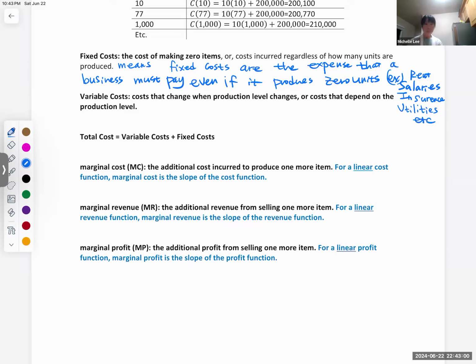And so on, right? Okay, now variable cost: cost that changes when the production level changes, or cost that depends on the production level. So here, variable cost, for example, raw materials.